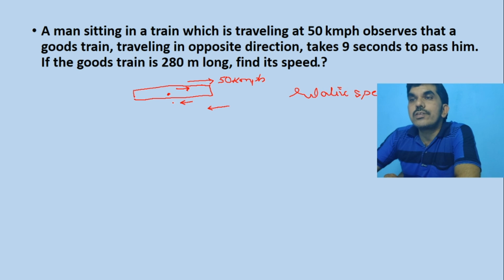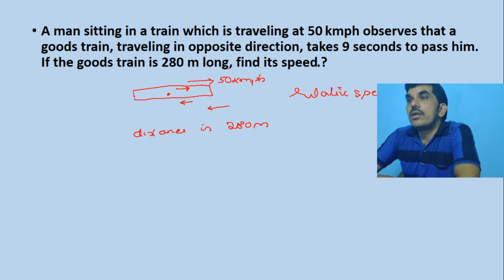And what is the distance to be travelled? In 9 seconds, which distance is covered? Here in the question, the goods train passes him in 9 seconds. So the length of the goods train is the distance which is to be covered relative to the person. So distance is 280 meters, a 280 meter long train.